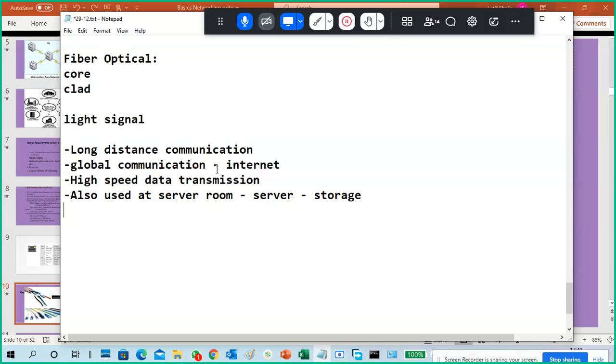Data transmission is very good, right? We are using it for internet, home internet connection also. Not for simple LAN, because it's costly.